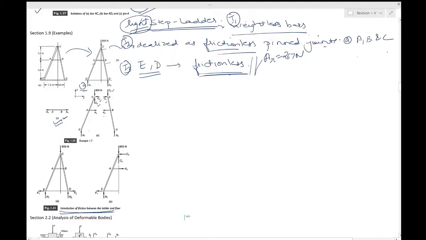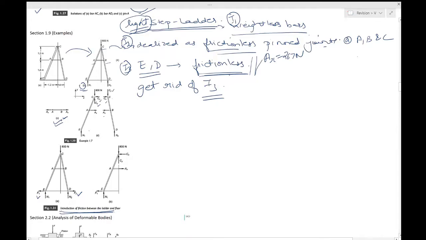Okay, there you go. So what we want to do now is get rid of I3, in the sense that now we want to consider friction between the ladder and the floor. If you look at figure 1.31, now you have F1 and F2 shown in this.